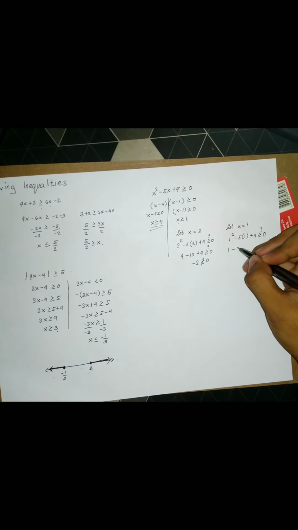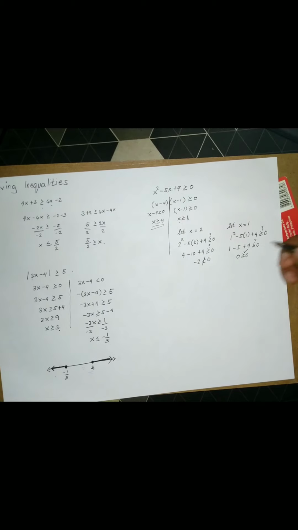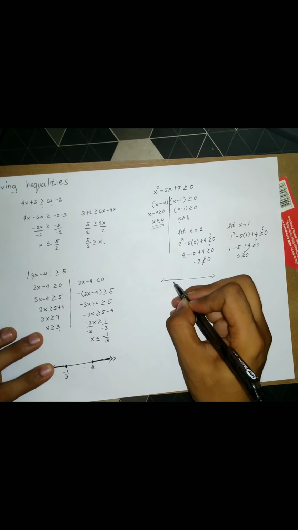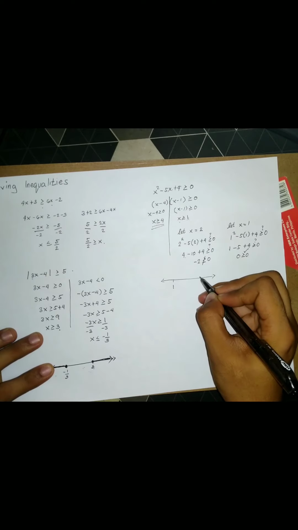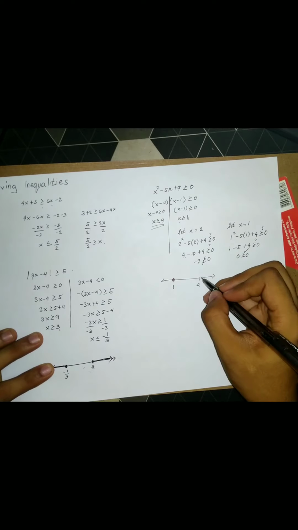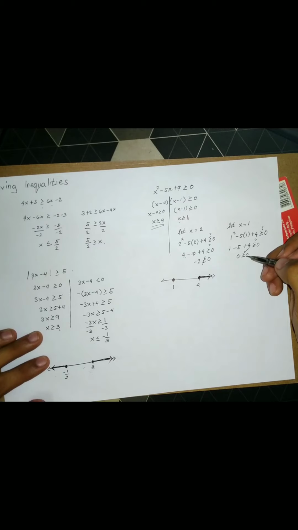So 1 minus 5 plus 4, 1 plus 4 is 5 minus 5, 0 is greater than or equal to 0. So our solution set, actually, we're going to graph our solution set. If this is 1 and then this is 4, 1 is included and then all numbers greater than or equal to 4 are included.